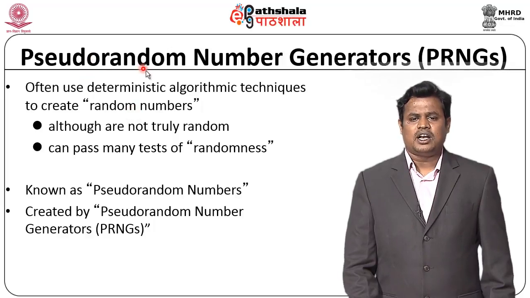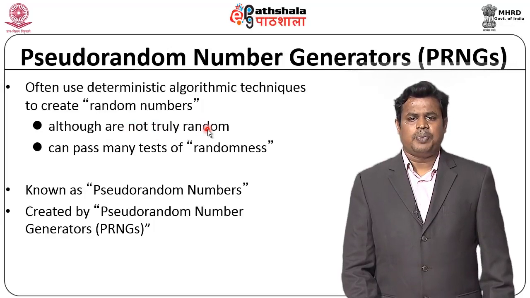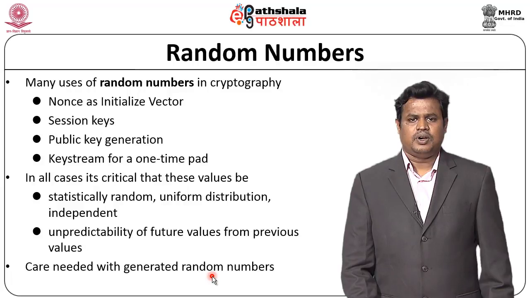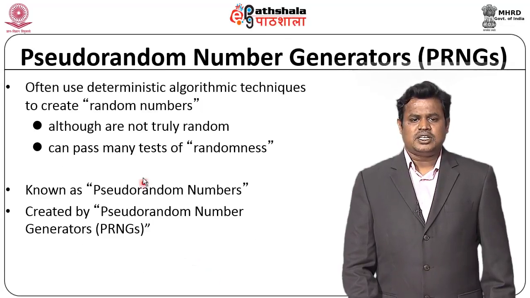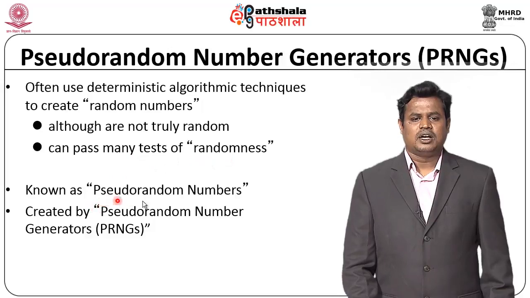It is called a pseudo random number generator because the numbers are not truly random. It is very difficult to get random numbers with the help of an algorithm, so instead we use some deterministic technique to create them. They are not truly random, but they can pass many tests of randomness, so they are known as pseudo random numbers.